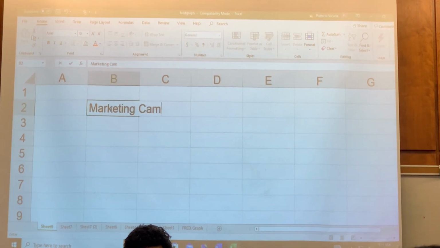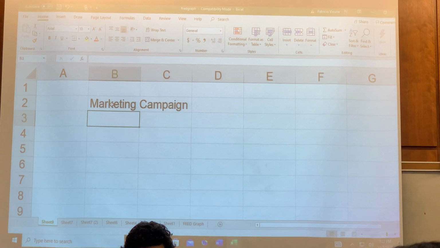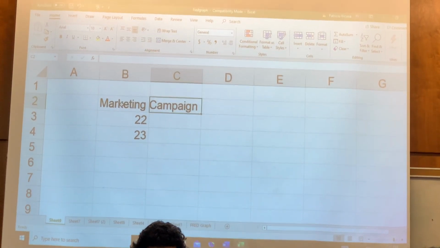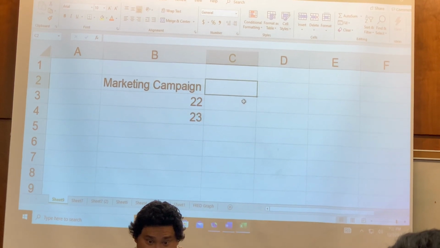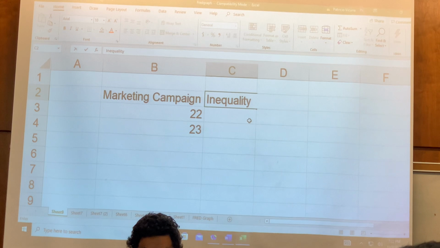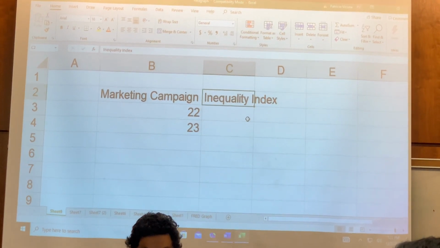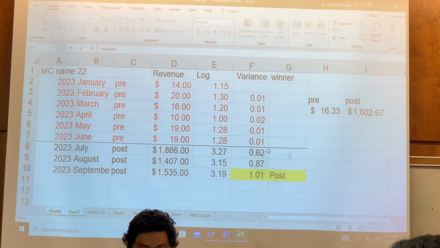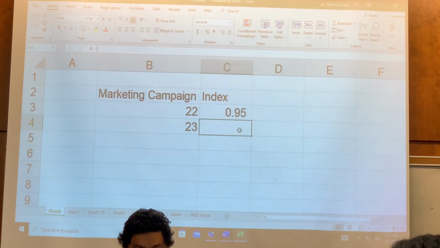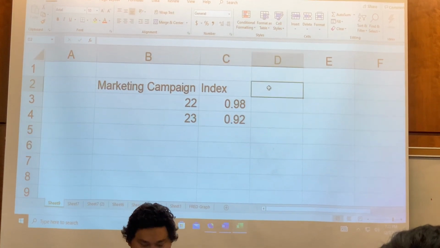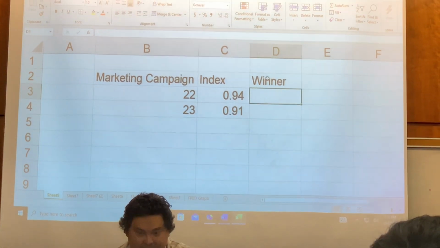Marketing campaign 2022, 23. Okay? And here, inequality index, or just simple index. And then I go into 2022, I say here this, and then I go into 2023, this, and then here is winner.